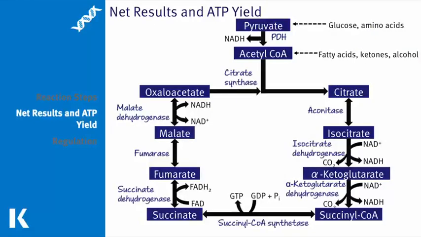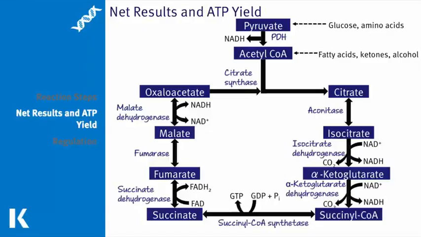Now, while the MCAT might test you on the substrates and enzymes and steps of the citric acid cycle, they are most likely to test you on the net results. This mostly focuses on the energy yield. So now let's take another look at this exact same process, but change our lens and focus on those results and on the regulation of this process.